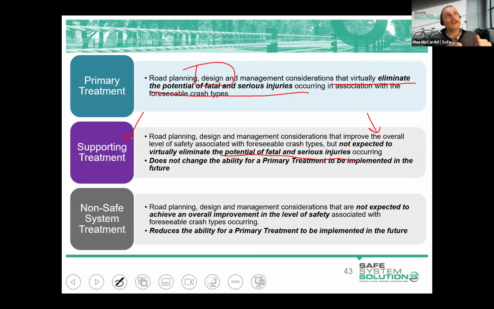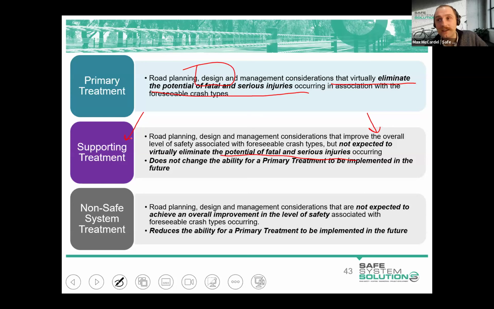Within, I have to remember now, I think it's the Austroads guide, the Austroads Safe System Assessment Framework, there is a list of each of the crash types, so run off road, head on, other, etc. And then it says, here's some treatments for each of these different crash types and categorizes them into primary and supporting.